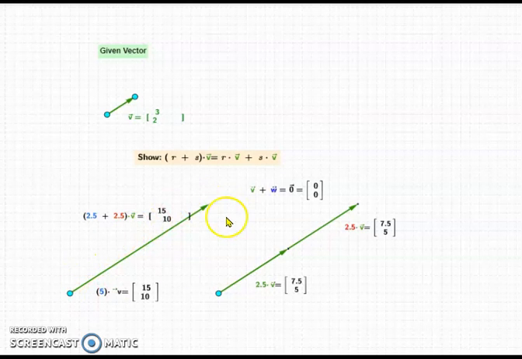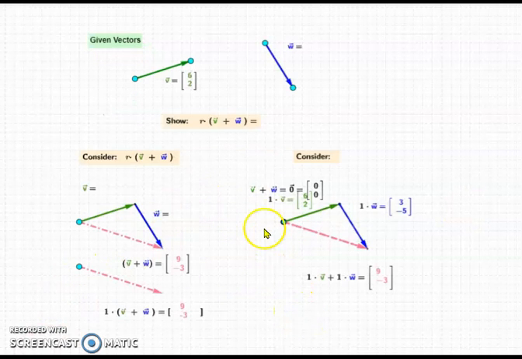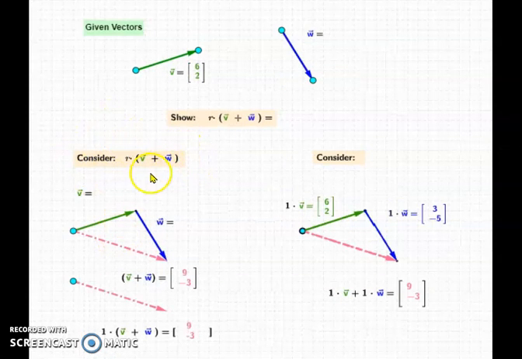Okay? Dito naman, we will show that r times the quantity v plus w is equal to rv plus rw. In here, we consider this vector, r times v plus w. So dito, yung green ang ating vector v, yung blue naman ang ating vector w. The sum of that, okay, so this is v plus, i-connect mo yung w dito, so the resulting vector is v plus w.